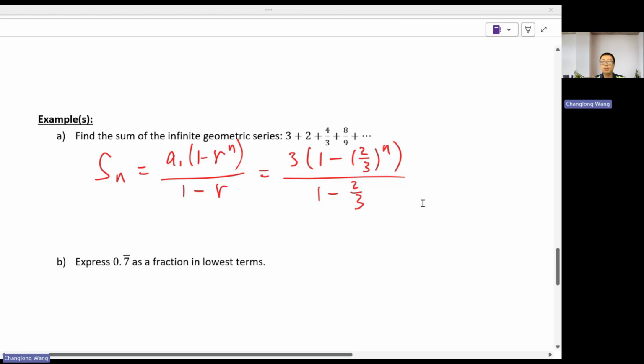Let's try some small numbers to start with. 1 minus 2/3. Okay, so now that's 8 point something. So what about 20, 50, 100?